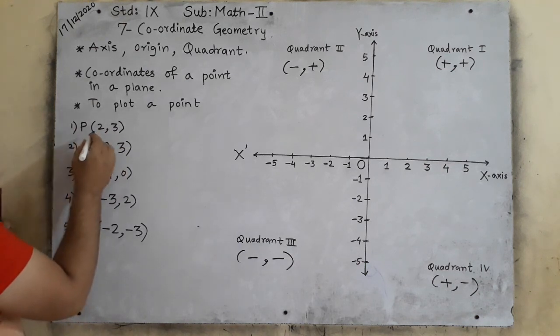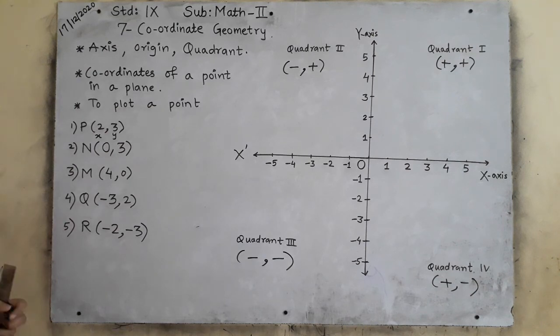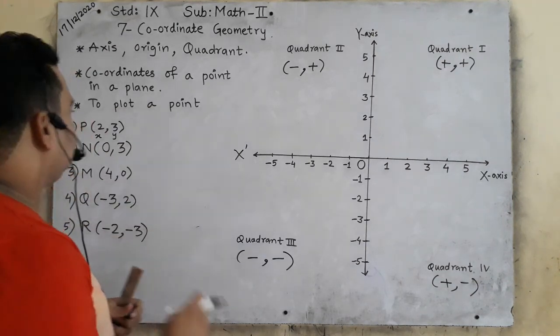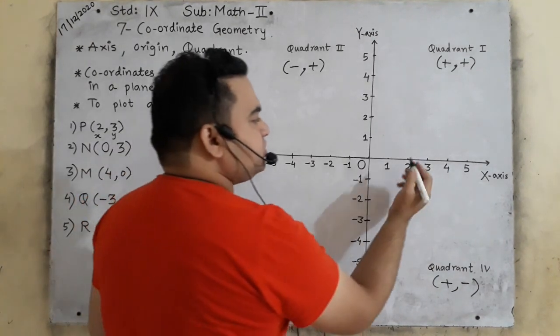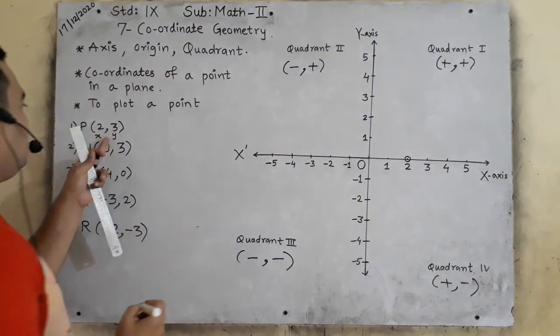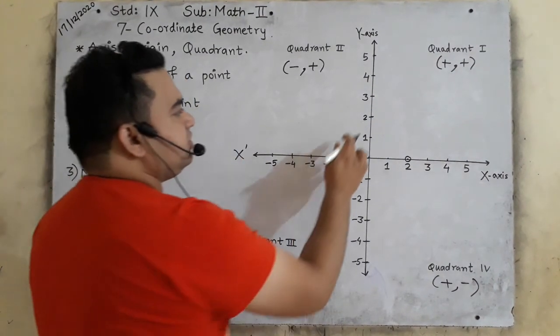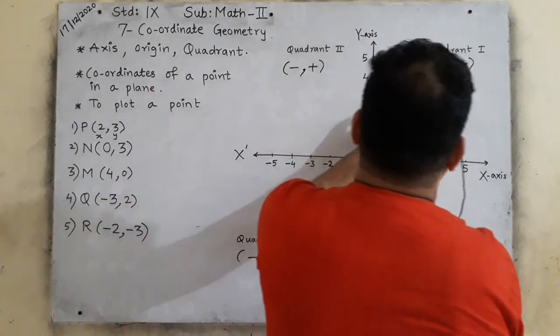Always remember this 2 is for x and this 3 is for y-axis. So we see the 2 is positive and 3 is also positive. So 2 is where on x-axis, positive 2 is where here, right? And on y-axis, positive 3 is where here. Yes or no? So we will join them like this.